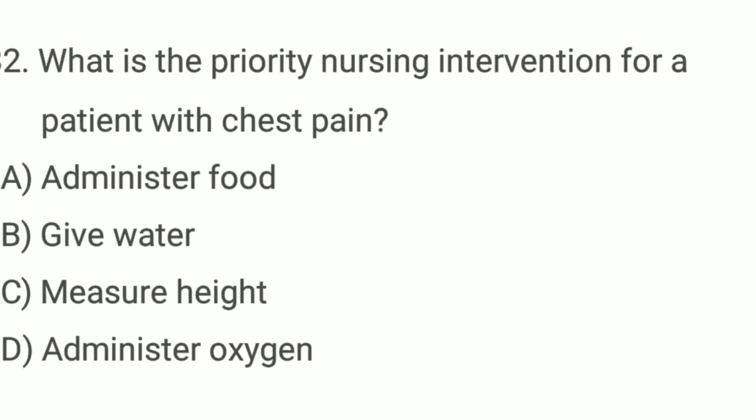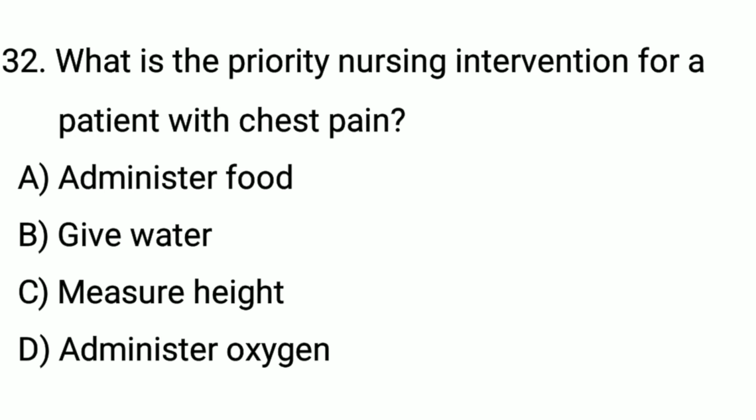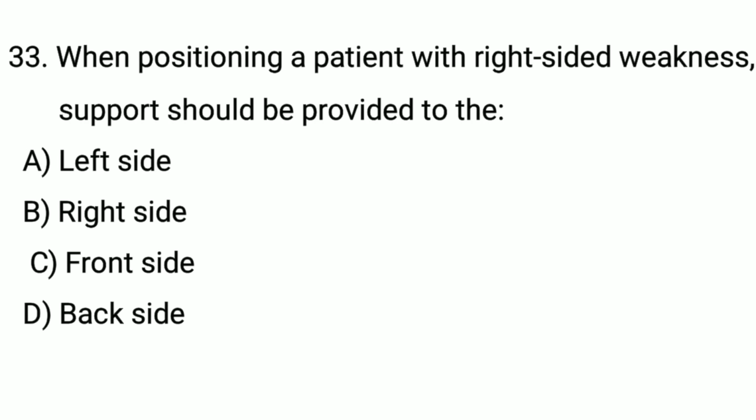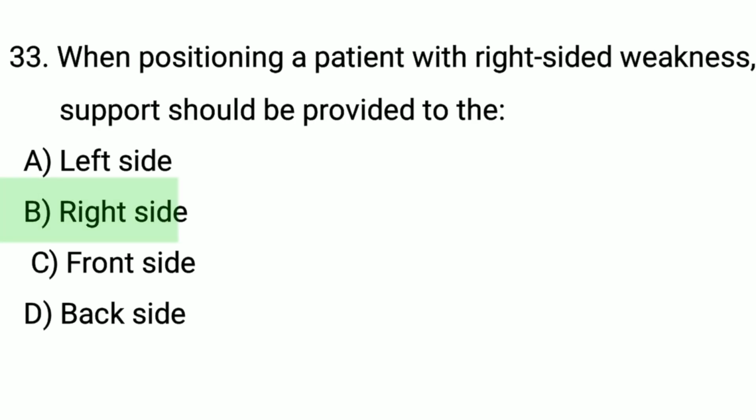Question number 32. What is the priority nursing intervention for a patient with chest pain? The right option is option D, administer oxygen. Question number 33. When positioning a patient with right-sided weakness, support should be provided to the. The right option is option B, right side.